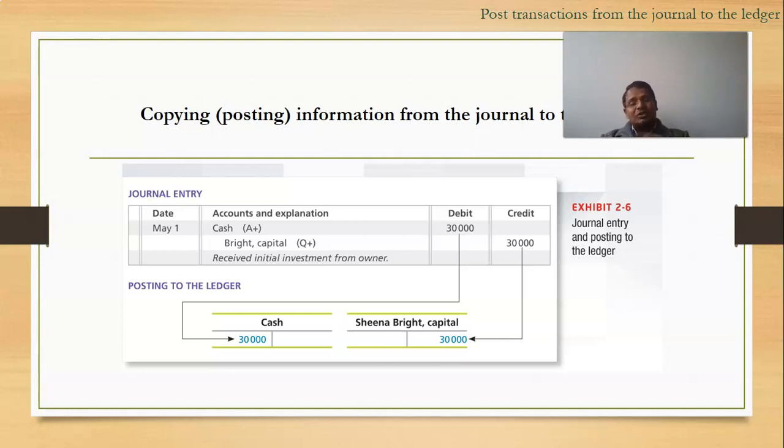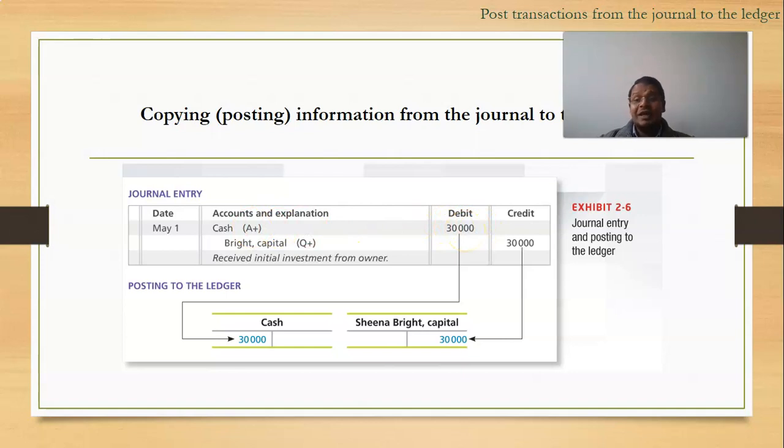So the business got the money from the owners as a liability, as borrowings, right? These are actually the money of the owners. So whenever owners want, the business should repay them. This is the obligation of the business to pay. That's why this is a liability account. Because owners invested some money, capital increases, owner's equity increases, credit; cash, an asset account, increases, debit.